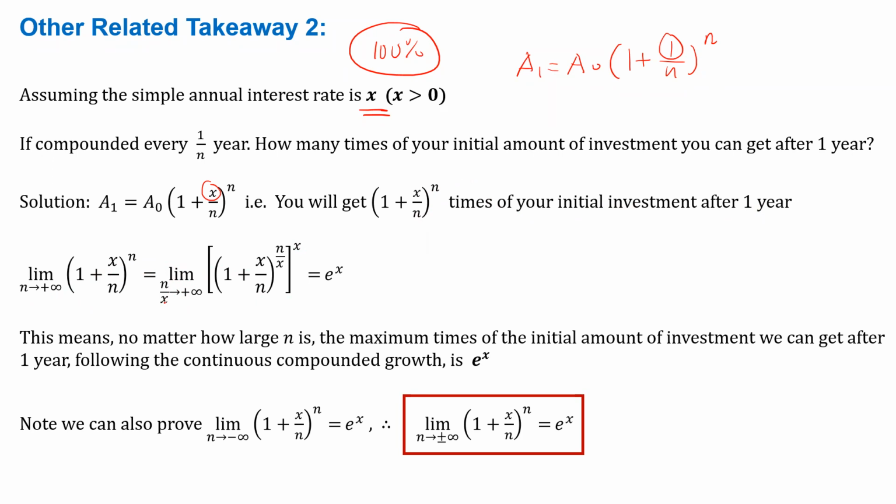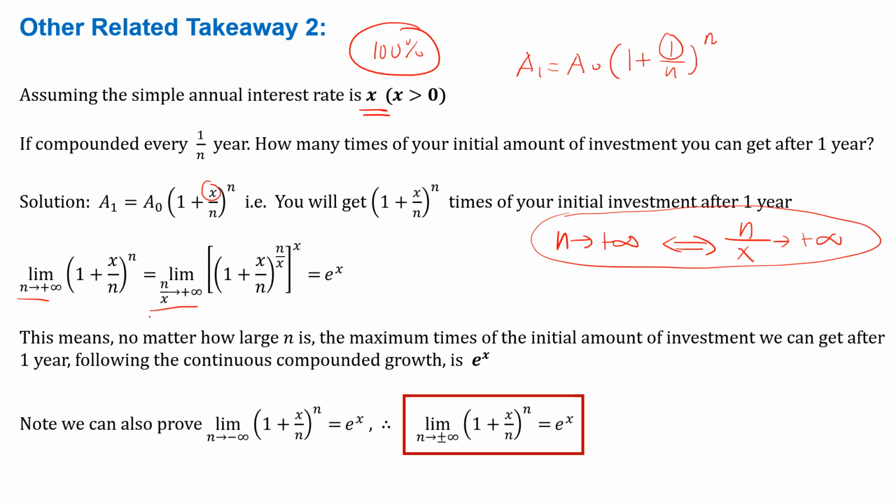As n over x approaches positive infinity. Well, because x is a number, right? So n approaches positive infinity is actually equivalent to n over x approaches positive infinity. These two expressions are equivalent. Therefore, we can rewrite the expressions as n over x approaches positive infinity. You understand?